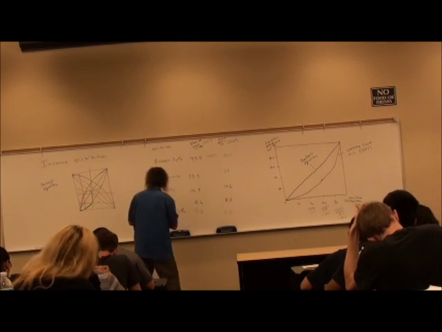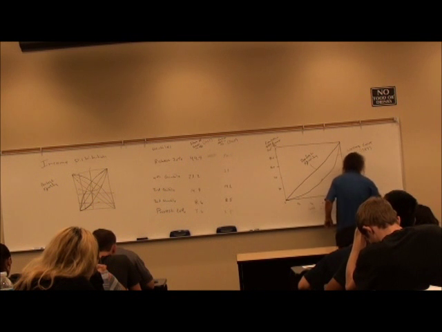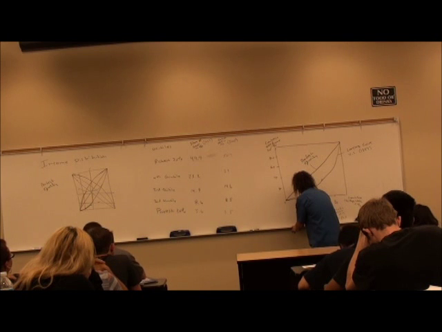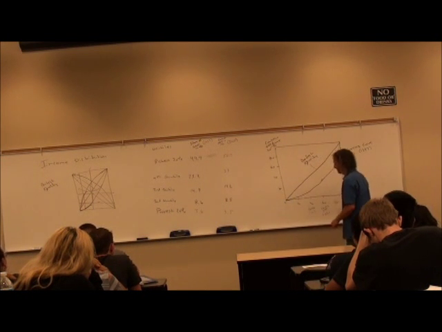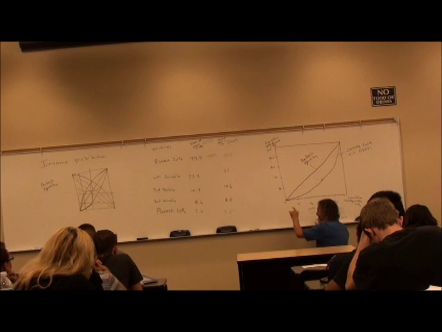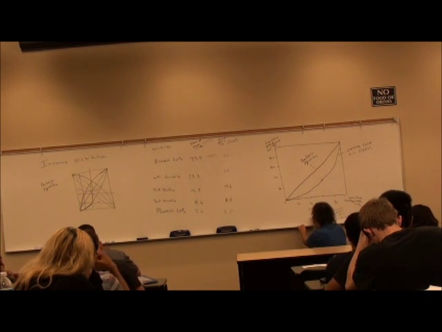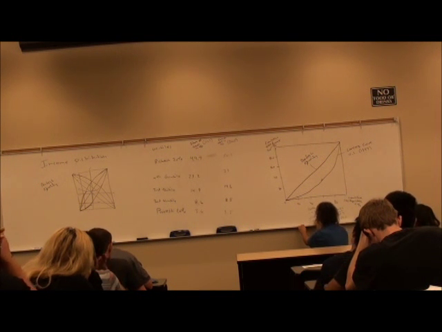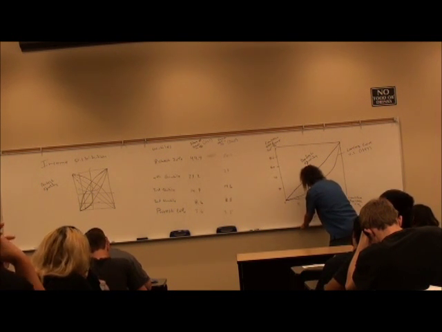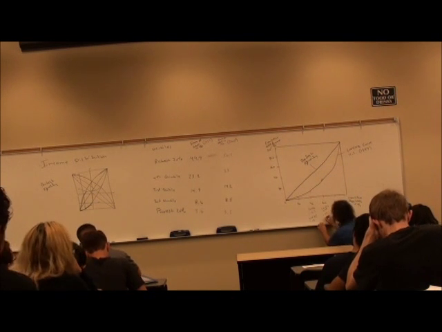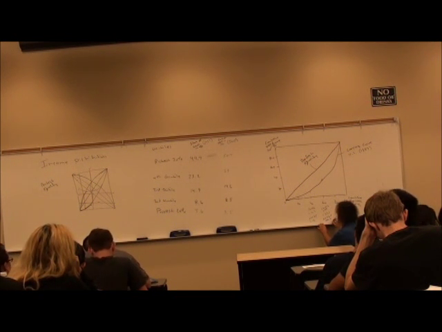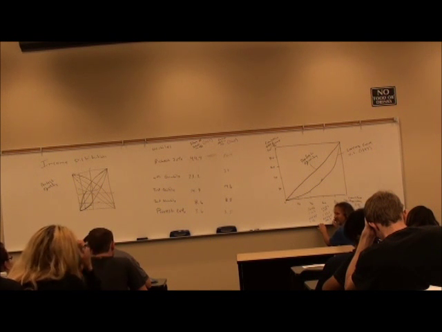Okay, so here's the new income distribution. I want to plot this one. So the poorest 20% got 3.5 this time. The next 20% is added to this, so I've got 3.5 plus 8.5, 12. So 40% is 12. 3.5 plus 8.5 plus 14.6, 26.6.